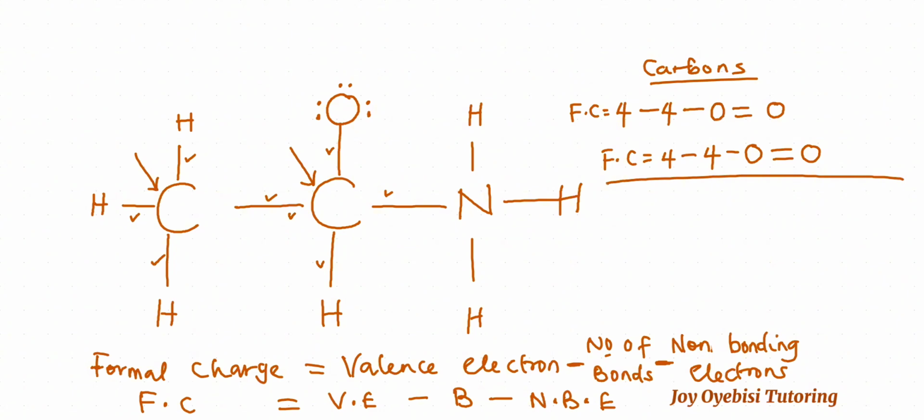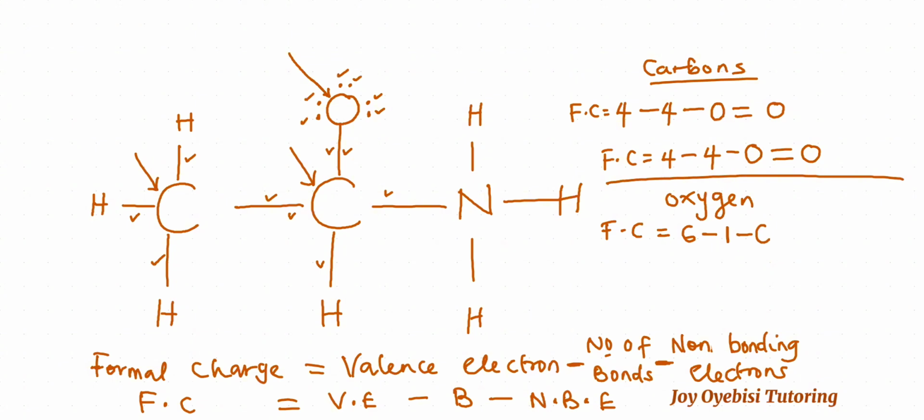Now, if I move on to the oxygen, okay, this oxygen has 6 valence electrons. So 6 minus, there is only 1 bond on this oxygen. So that is 1. Then if you count the number of electrons on oxygen, this is 1, 2, 3, 4, 5, 6.